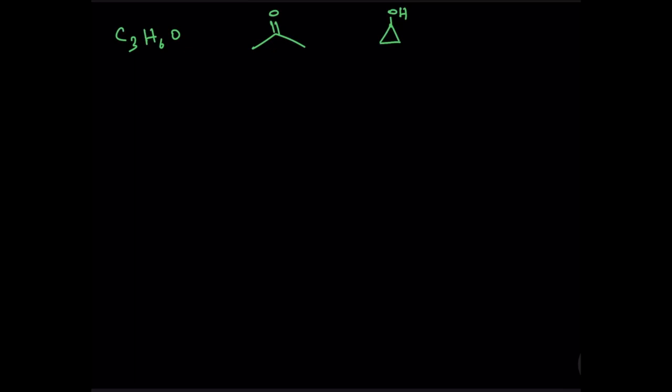We have an order among the constitutional isomers. The order is ring chain isomerism first, and then tautomerism, and then functional group isomerism, and then metamerism, and then chain isomerism, and then last is position isomerism.